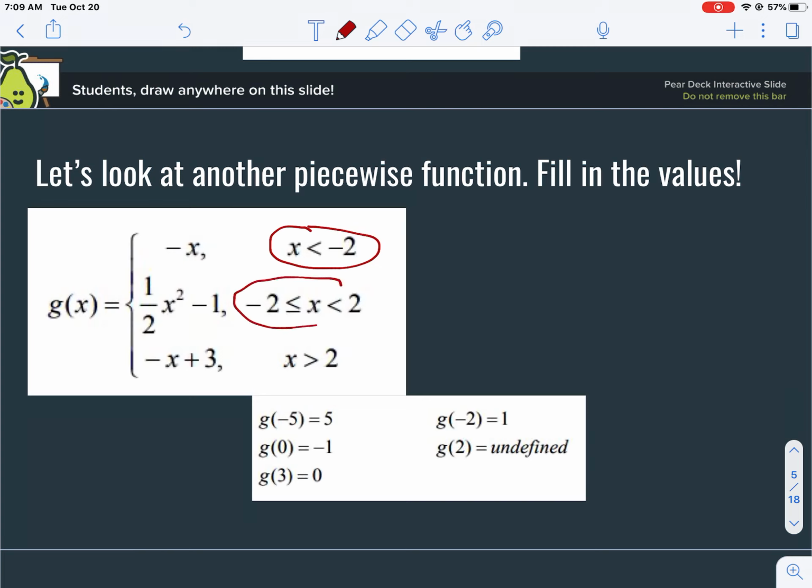We can't plug 2 into here because it has to be between negative 2 inclusive and 2, which is exclusive. Okay, so 2 is not included there. And then this last function, x is greater than 2, and so we can't plug in 2 there. So that's why g of 2 is undefined. Okay, there's nowhere to plug it in. There's no space for it.